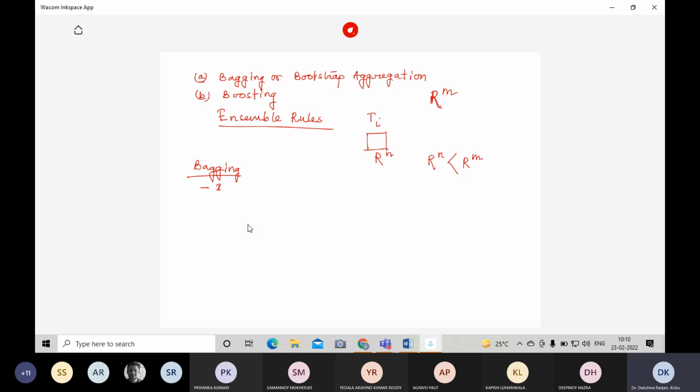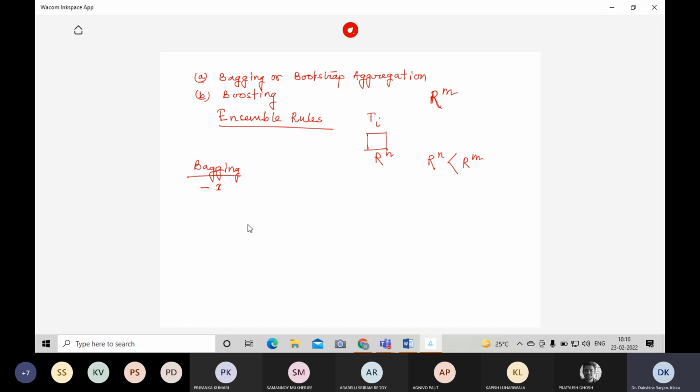When we apply this bagging algorithm to combine individual decision trees, we can enhance the performance of the predictive model. Now if I select boosting, how does boosting work?